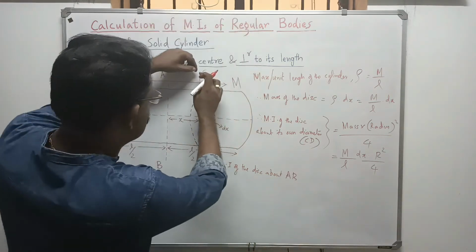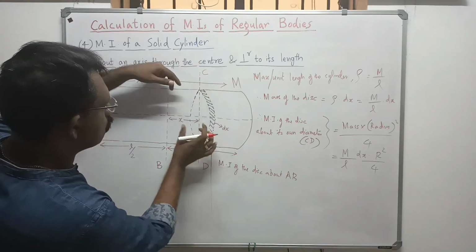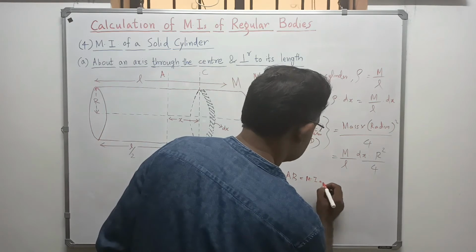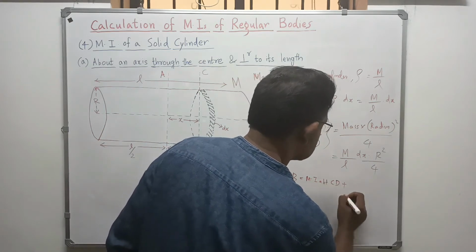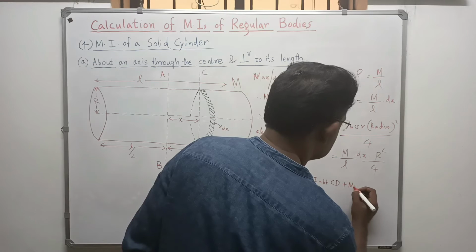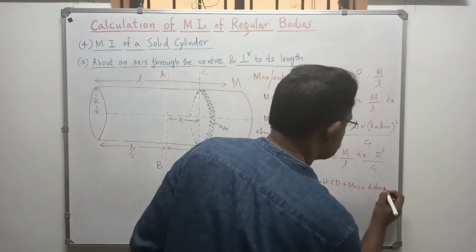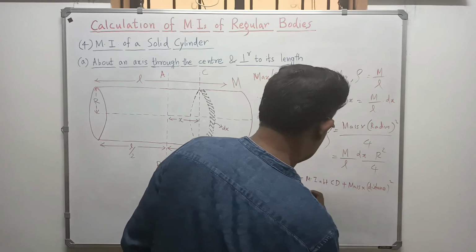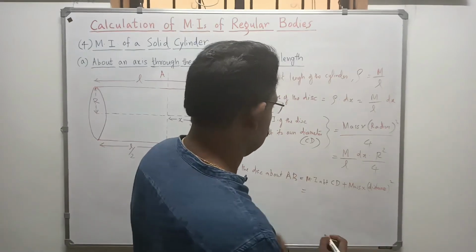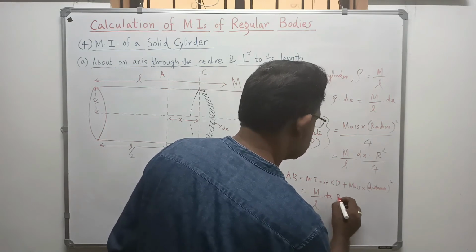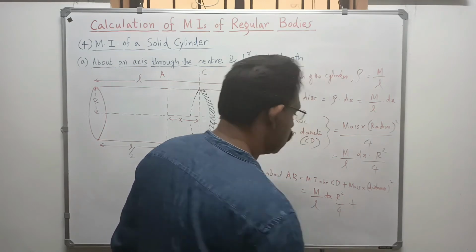And then moment of inertia about CD plus mass into this distance squared. That is equal to MI about CD, which is this one, m by L dx r squared by 4, plus what is mass?